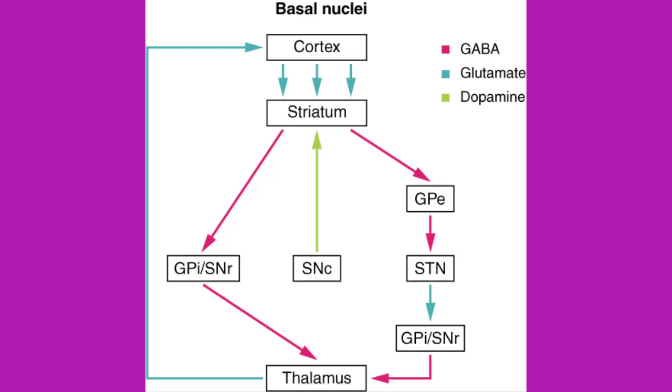The direct pathway is activated by dopamine and the indirect pathway is inhibited by dopamine. So when the substantia nigra pars compacta is firing, it signals to the basal nuclei that the body is in an active state and movement will be more likely. When it is silent, the body is in a passive state and movement is inhibited.